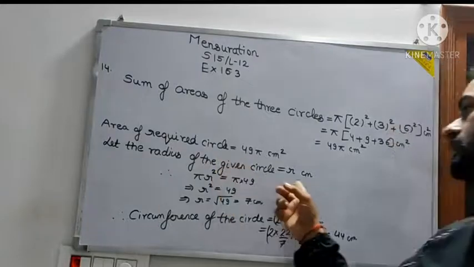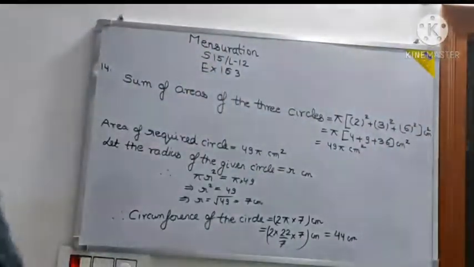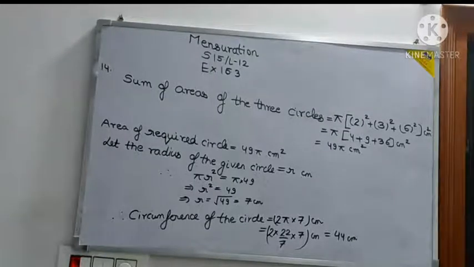Equating it to the given circle of radius r, we got the radius. Without getting the radius, it is not possible to get the circumference, because circumference involves the term r. So the radius is required, and whether you do 2 pi r or pi d, you will get the answer.